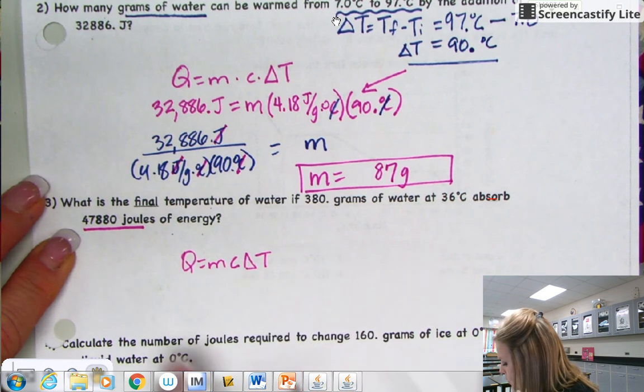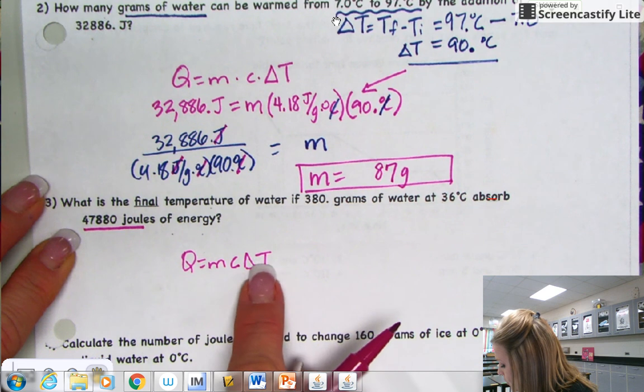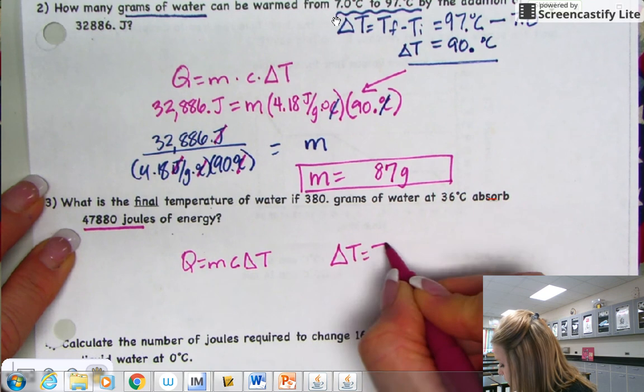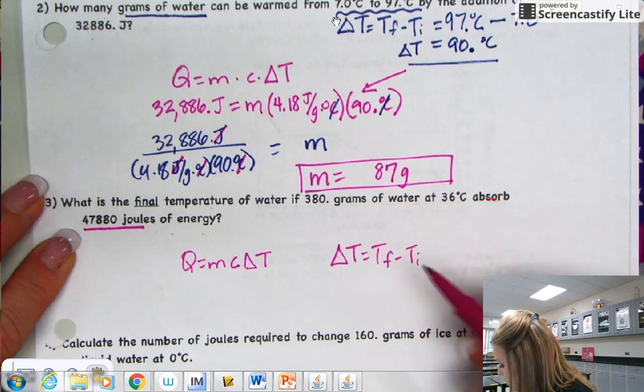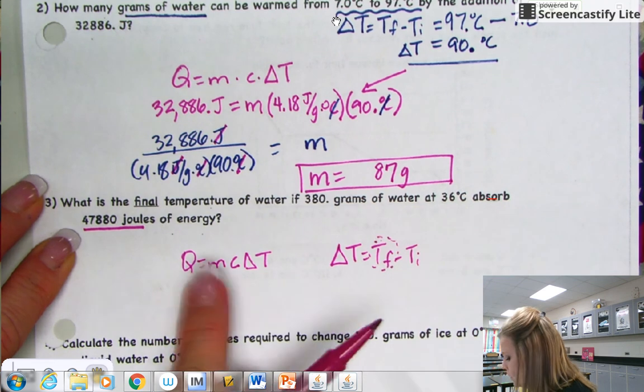And I'm going to expand the delta T once we solve for that variable. Remember, delta T is equal to T final minus T initial, and this is what they're wanting us to find, the final temperature. So we're going to first use this.